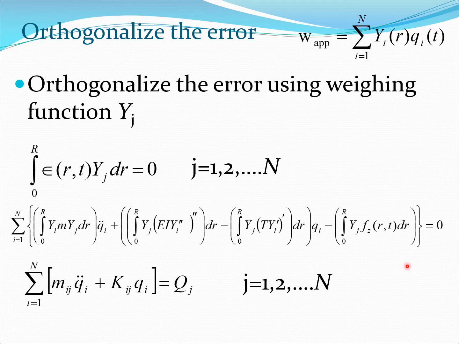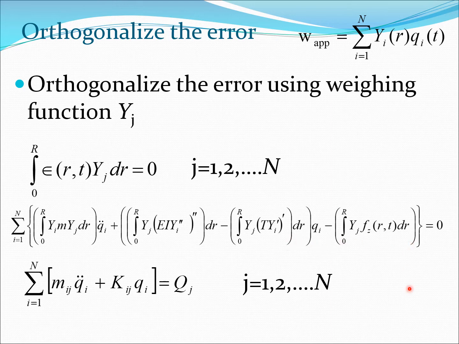And you can see here that all the terms which were in epsilon and before that in the differential equation are here, and they have been essentially multiplied by yj. So you will see yj here, yj here, yj here, and yj here, and of course the drs have come throughout.